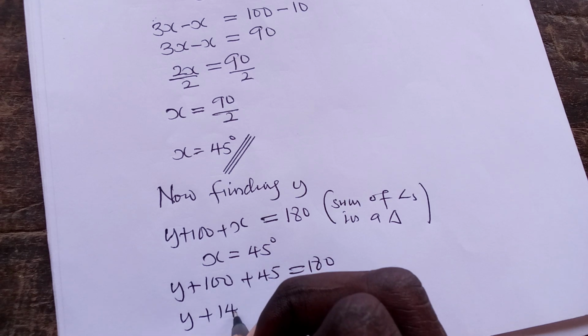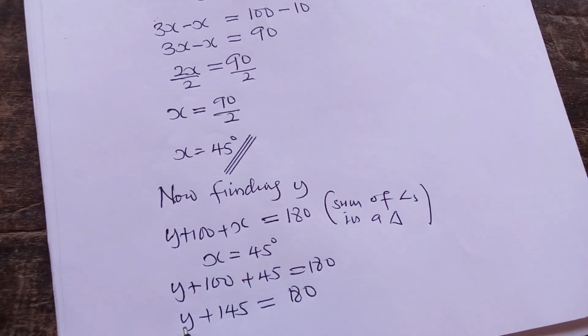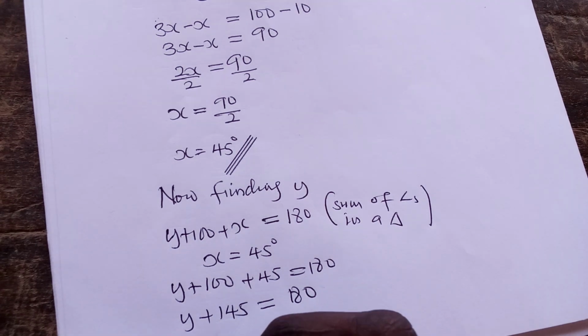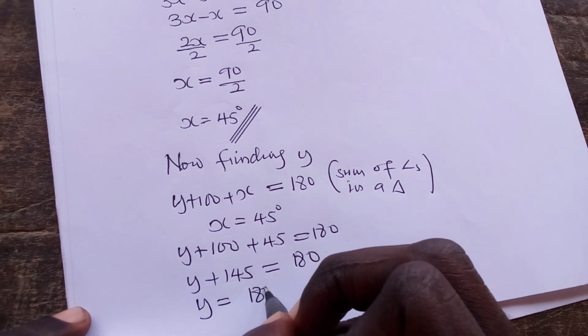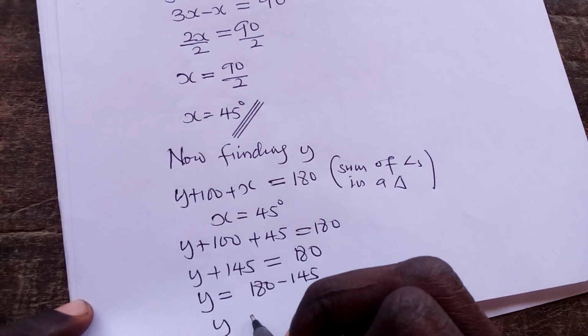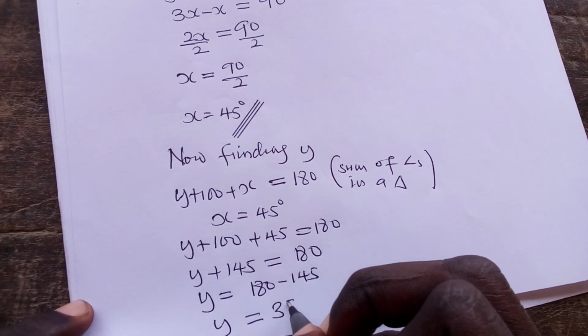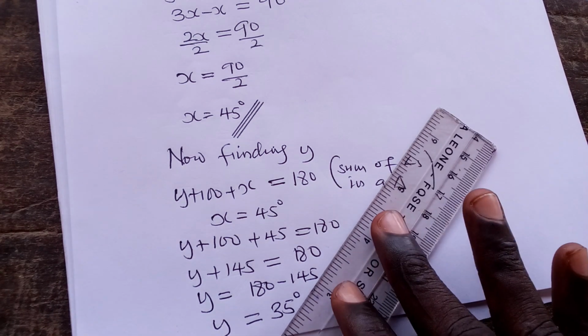So y plus 145 equals 180 degrees. Now to find the value of y, this 145 moves to the other side, then the value of y becomes 180 minus 145. Therefore the value of y becomes 35 degrees. So this is the value of y that we have to find.